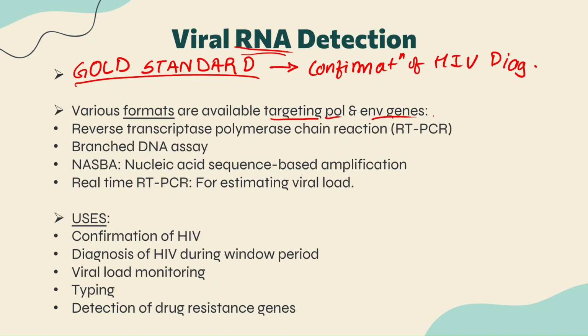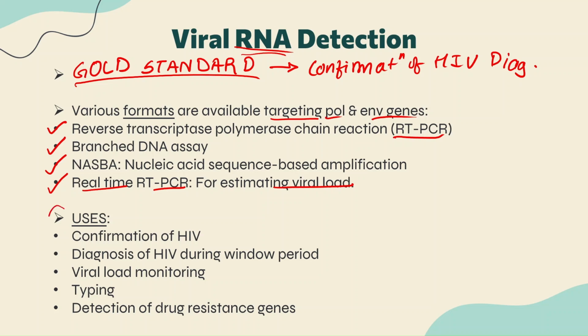Those various formats are the reverse transcriptase polymerase chain reaction, that is RT-PCR, or it can be a branched DNA assay, something called NASBA, that is nucleic acid sequence based amplification, and we also have real time RT-PCR for estimating the viral load, guys. All these formats are available for RNA detection, guys.